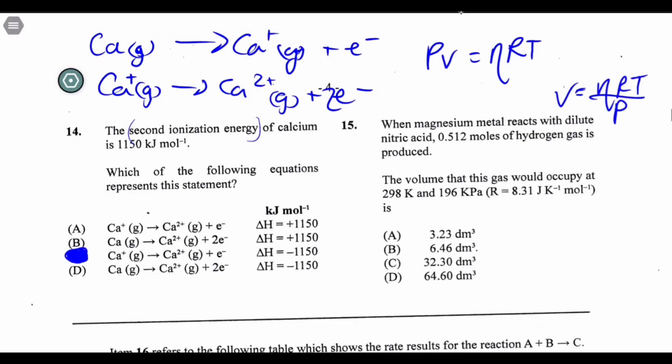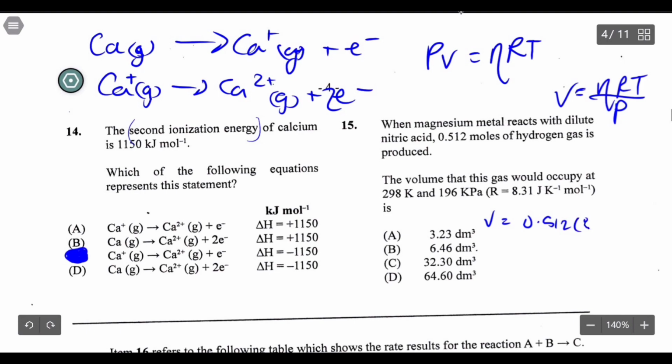So what you'd want to put into your calculator is 0.512 times 8.31 times the temperature, 298 Kelvin, which is 25 degrees Celsius, but you want to put your temperature in Kelvin, over 196 kilopascals.